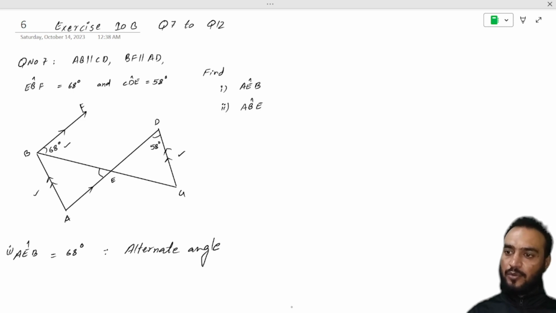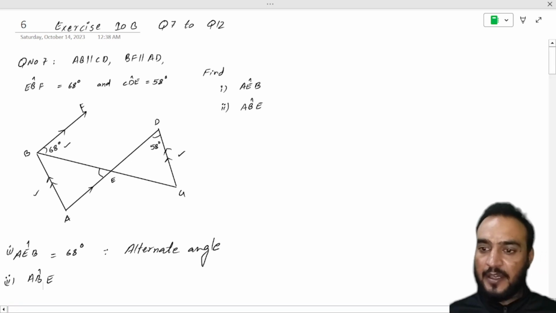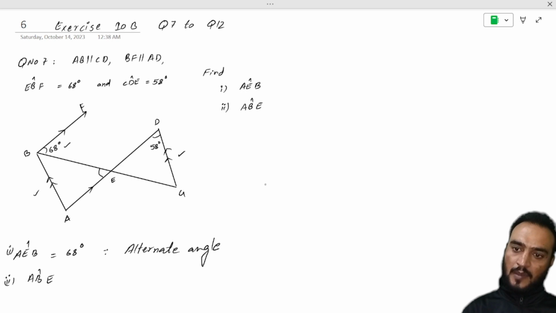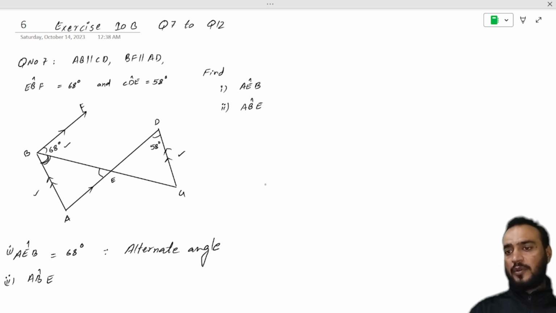Now in part 2 we have to find the angle ABE. This is the angle which we have to find, ABE. Where is the angle ABE? This is the angle ABE which we have to find. So how can we find this angle ABE?